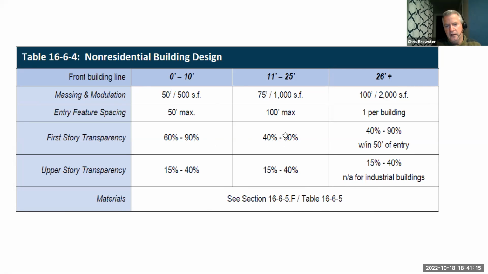So the idea was, let's start with a lesser percentage when the building's further back, and then also only count it within 50 feet of the entry the further back you are. And so I think these features are seen in other buildings, and I can jump to those slides in a moment that show this principle with the building designs.